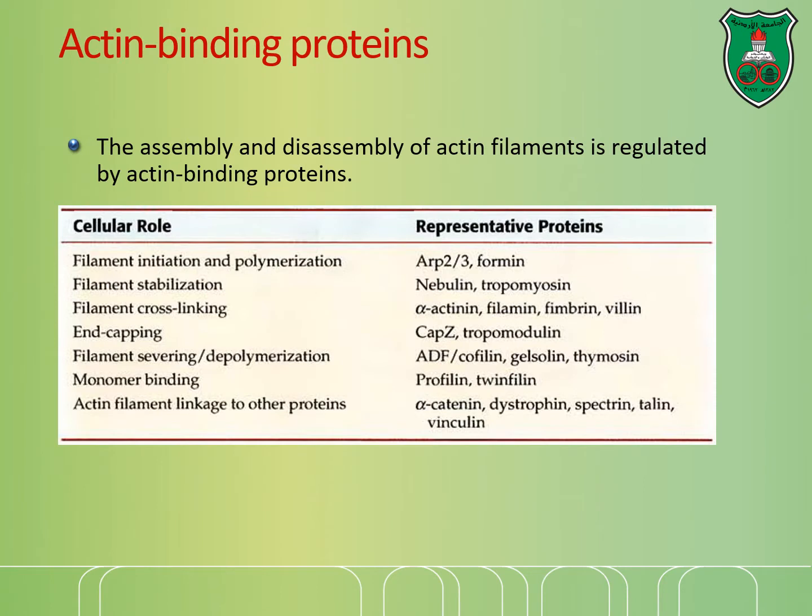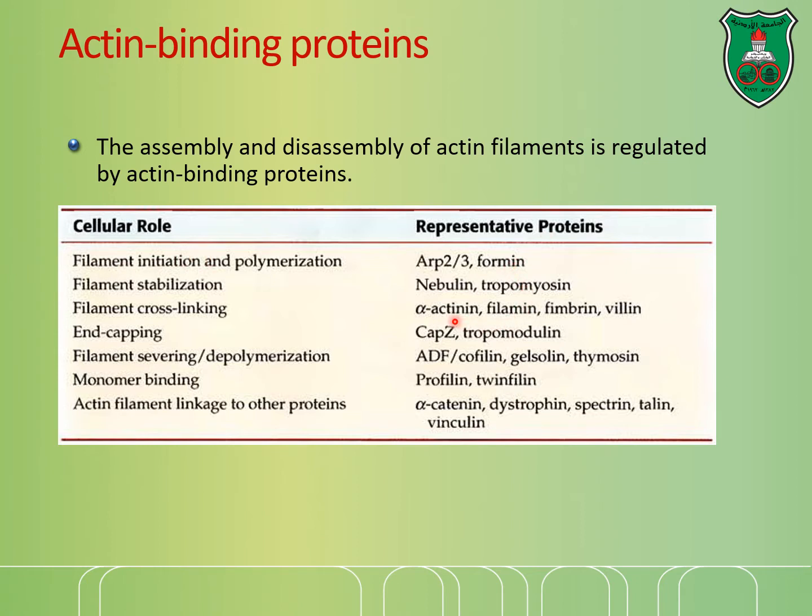But so this process of actin filament formation, polymerization, stabilization, destabilization, depolymerization, and so on, all of these processes are controlled by a number of actin-binding proteins. We'll be talking about some of these proteins right here, including, for example, formin, tropomyosin.